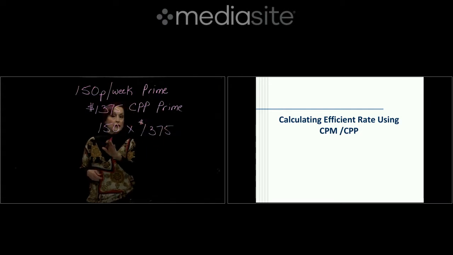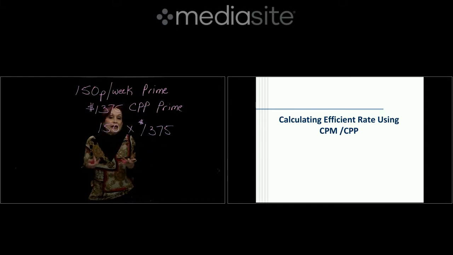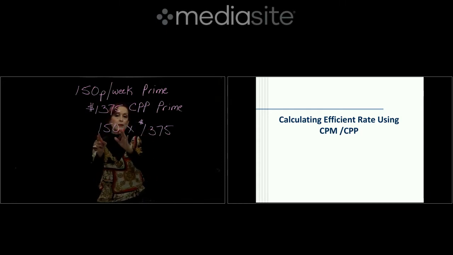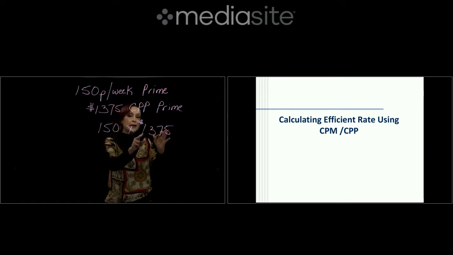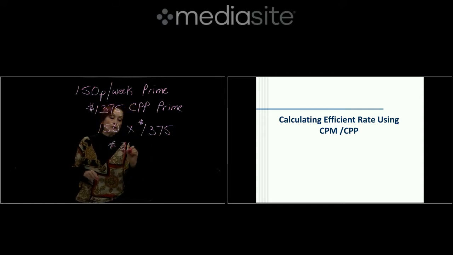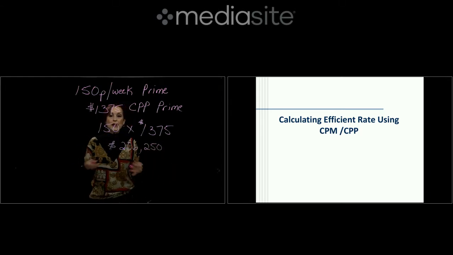Because if it's 150 points per week and it's going to take $1,375 for each rating point that you buy in prime time, now the media planner can estimate this budget by doing this multiplication. 150 points estimated by the planner in prime multiplied times the estimated 1,375 cost per point supplied by the media buyer, and this multiplication gives you a budget of $206,250 in prime time per week for that particular market.